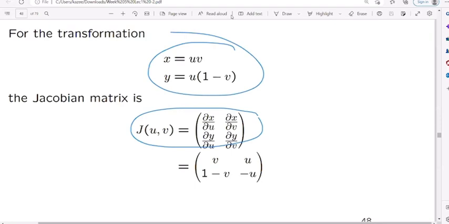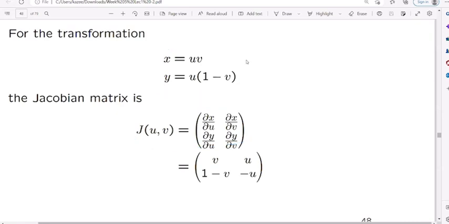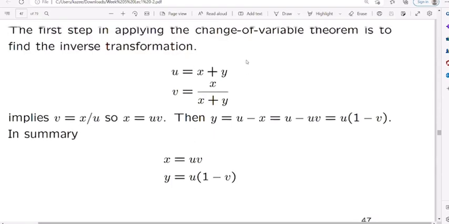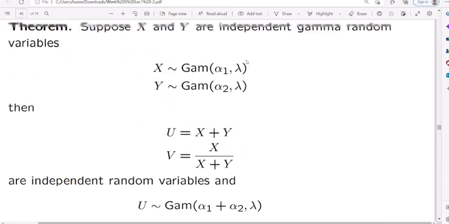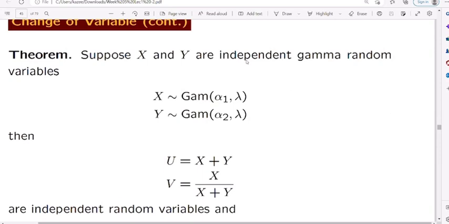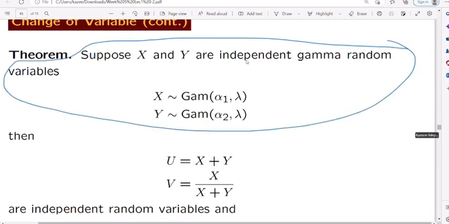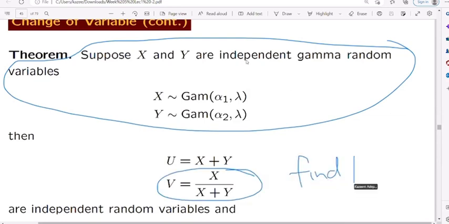The u and v, you are actually given in the question. Like I said, the question is going to come this way, and they're going to ask you to find the PDF of V. You're going to be given this one I circled now.